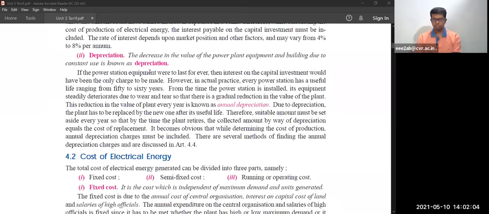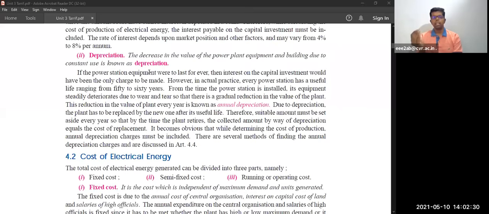Similarly, your generator efficiency will also be reducing. Initially, if you take the generator, it will give an efficiency of some 75 or 80 percent.